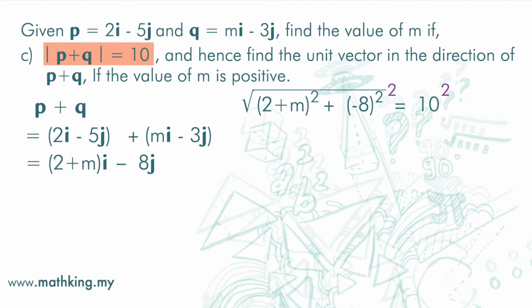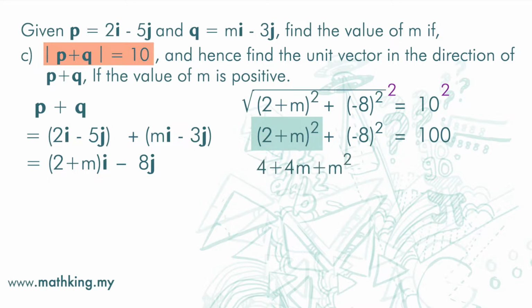We square both sides, and the right hand side becomes 100. We expand this one, and it is 4 plus 4m plus m squared. Negative 8 squared is 64. And we move 100 over to the left hand side, and it becomes negative 100.